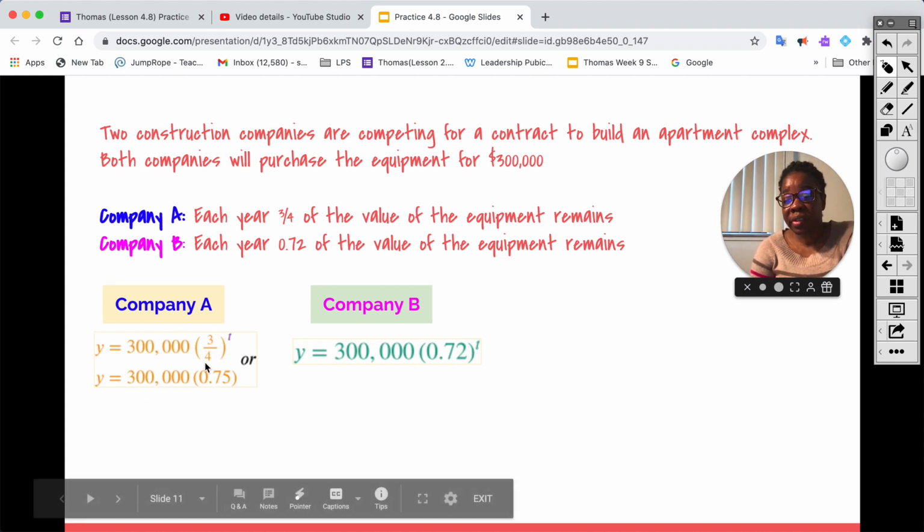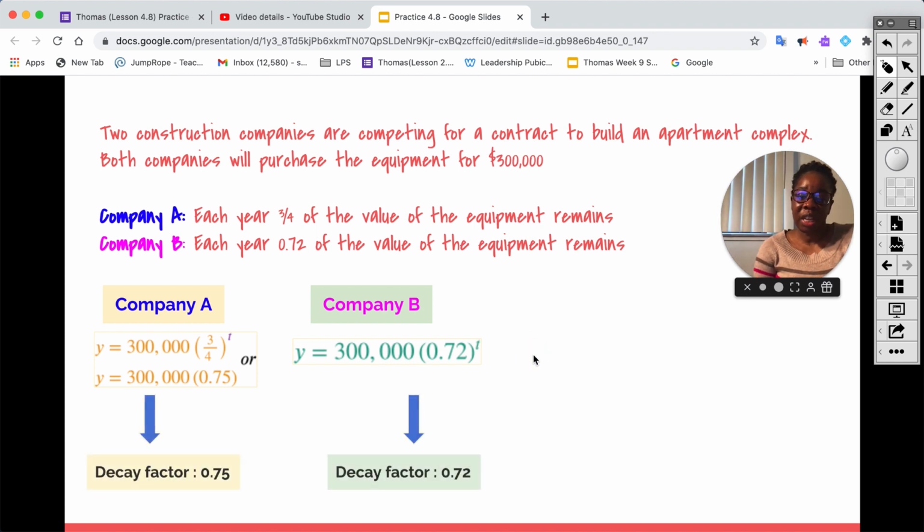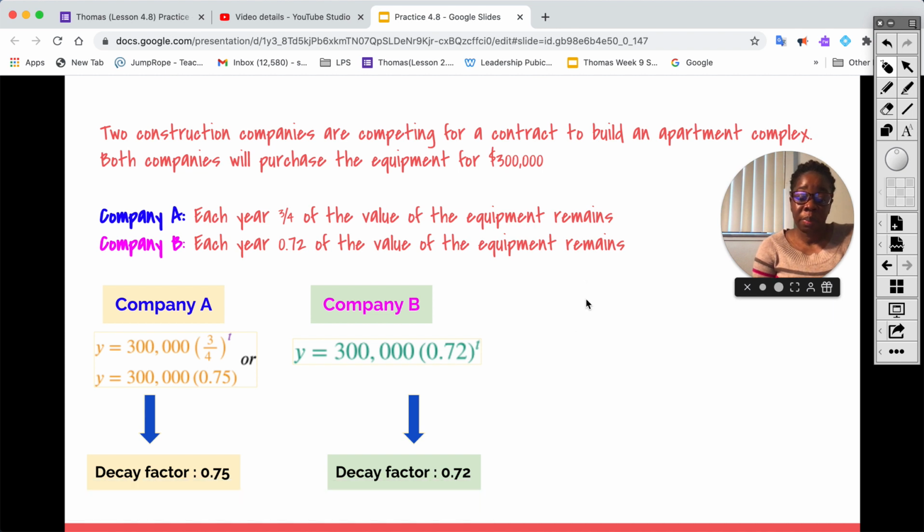That 3/4 can also be written as a decimal, which is 0.75, and you can do that through division. You can put it in your calculator. And for Company B, the equation would be 300,000 times 0.72 raised to the t, and remember t represents time in years. So the decay factor for A is 0.75, and the decay factor for Company B is 0.72.